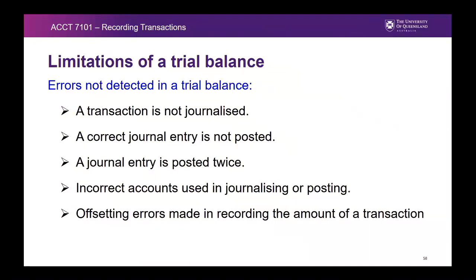So in practice this will be done for you, but for our purposes, it's useful to understand how to produce a trial balance, the role of ledgers, and how the information flows from a journal entry into a ledger, into a trial balance.